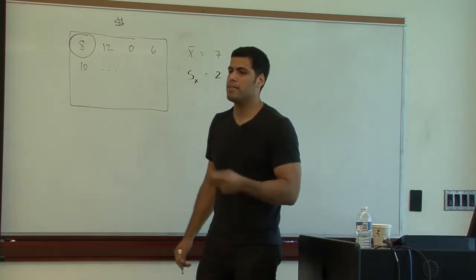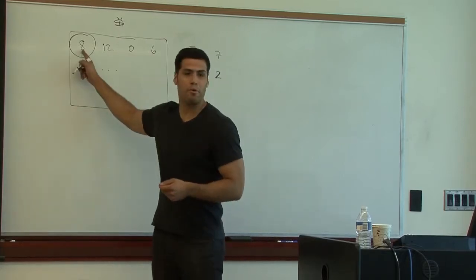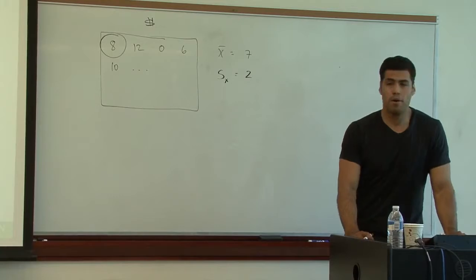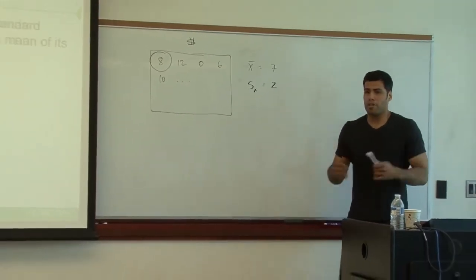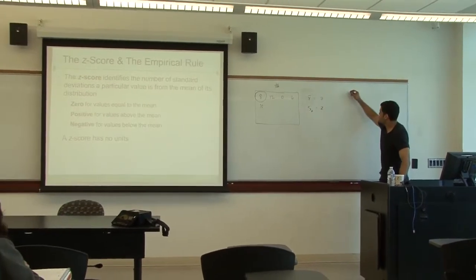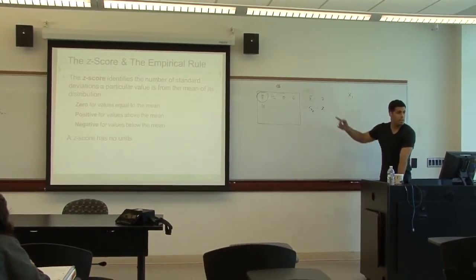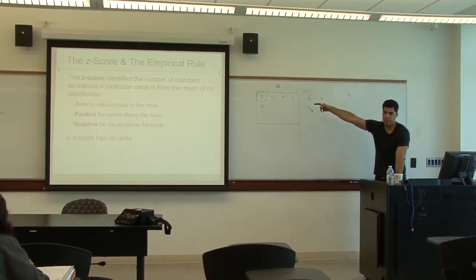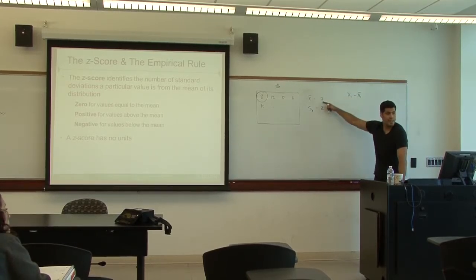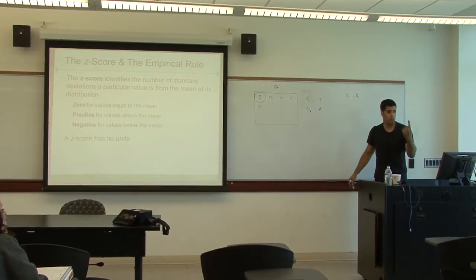So said differently, that means that the z-score of the first observation is 0.5. So how do we compute it? Very simple. Let's take the first observation, call it x1, the first one in our data set, minus the mean, 7. That gives you 1.